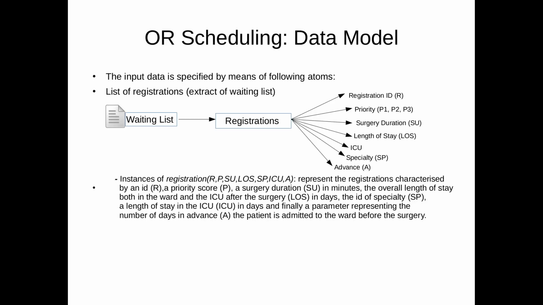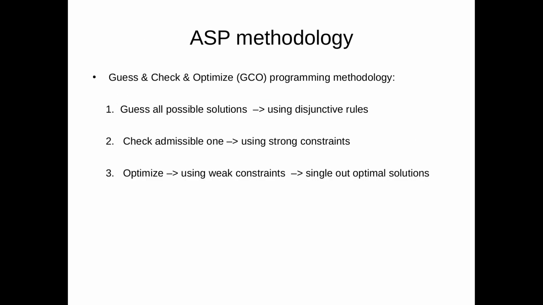By using strong constraints, it tries to cancel out or falsify those models which are not allowed. And then the third step is optimization. If you want to find an optimized solution, we use weak constraints, by which some type of optimization deals with this problem.